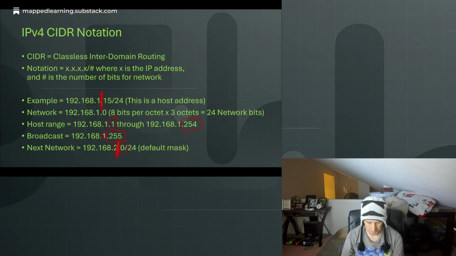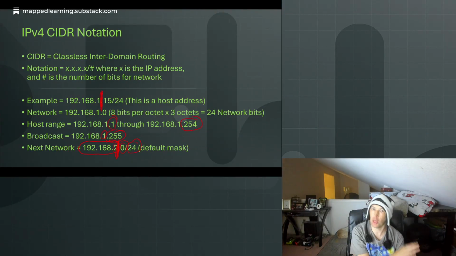So just remember, when you have a 24-bit mask, the first 3 octets are locked in place, and any number that's different means that it is in a different network than another address that has a different number.